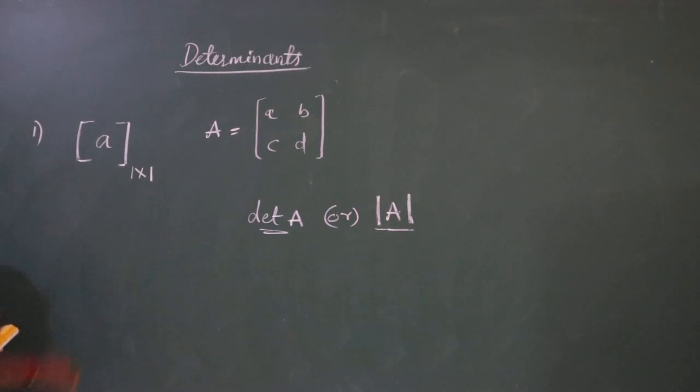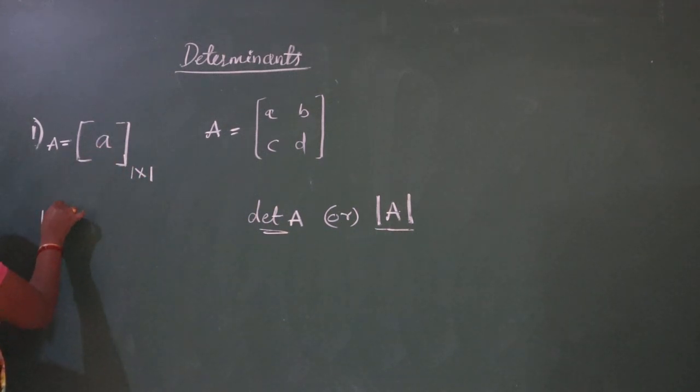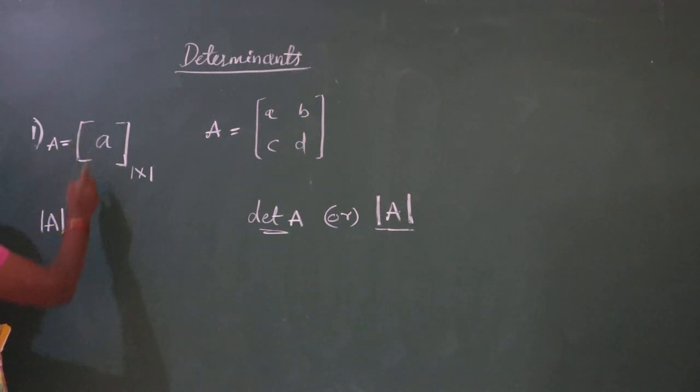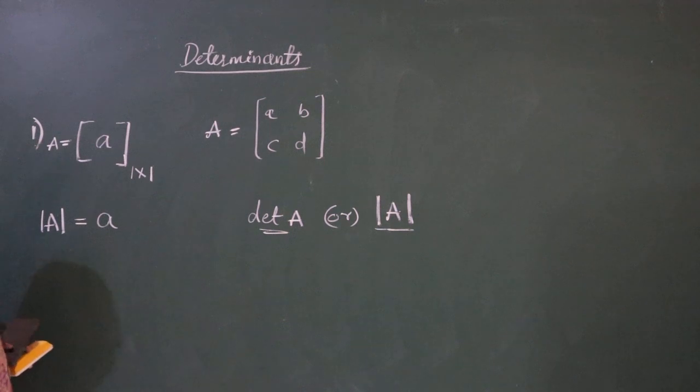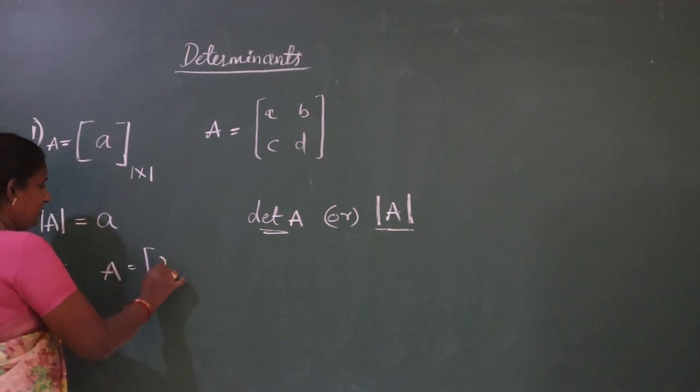In different orders we are going to discuss how to find the determinant of a square matrix. The first case is a 1 by 1 square matrix, which we call A. Then what is the determinant of this 1 by 1 matrix? Det A equals the element that is in it; that only is the determinant value. For example, suppose A equals the matrix [2].